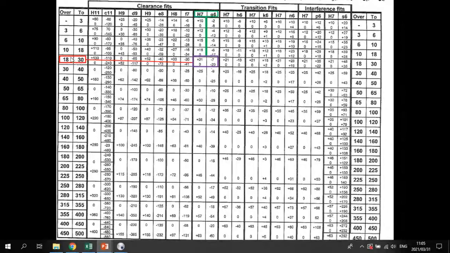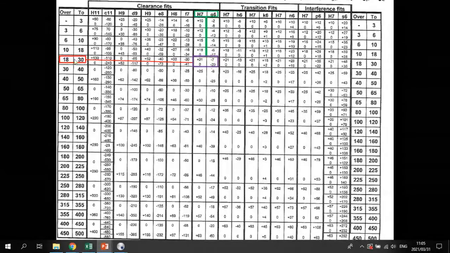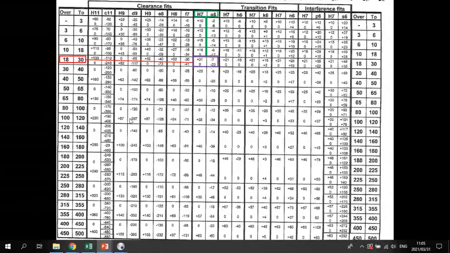So 25 lies between 18 and 30, meaning we must be somewhere in this row, shown with the red block. Then, the tolerance band that was specified was H7G6, so at the top we search for H7G6, so that gives us the column in which we can find our values.